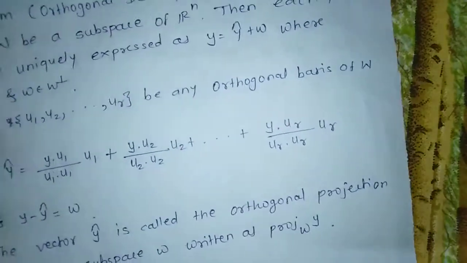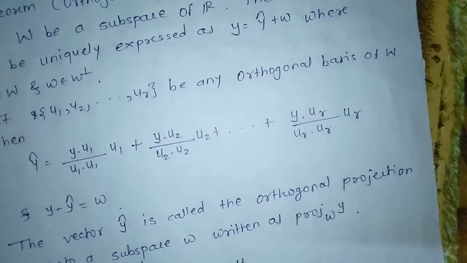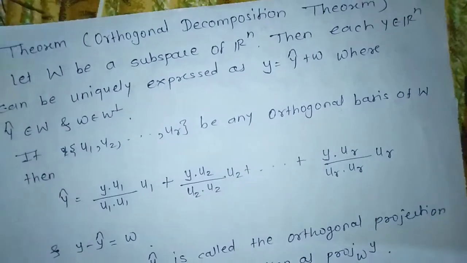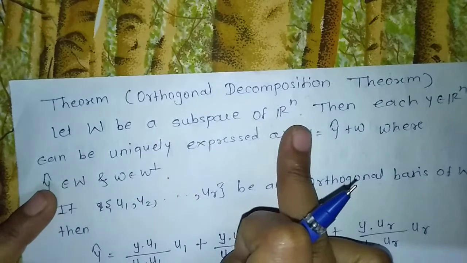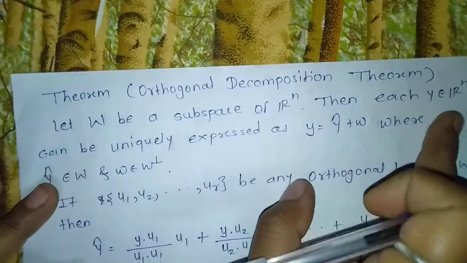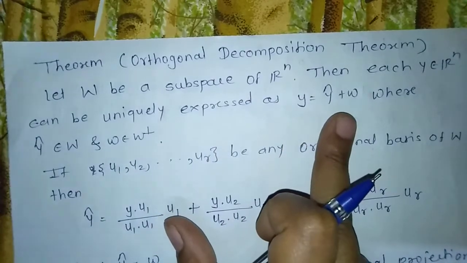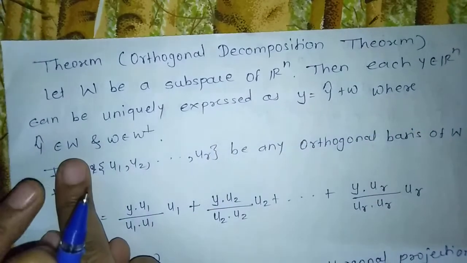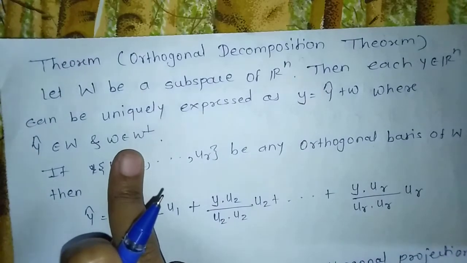Next, orthogonal decomposition theorem. Let W be a subspace of Rn, then each y belonging to Rn can be uniquely expressed as y is equal to y cap plus w, where y cap belongs to W and w belongs to W perp, meaning W orthogonal.